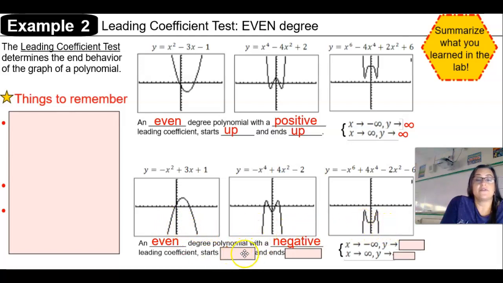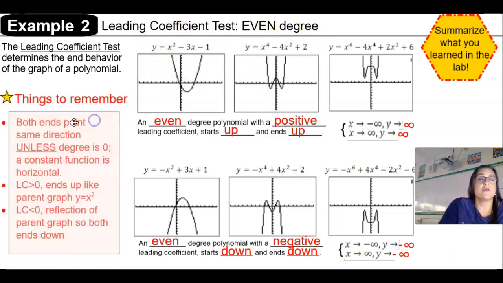The graph starts down on the left side and ends down on the right side. So in our end behavior notation, as x approaches negative infinity on the left, y is headed down to negative infinity. And as x approaches positive infinity, the right end behavior, y is also going down to negative infinity.